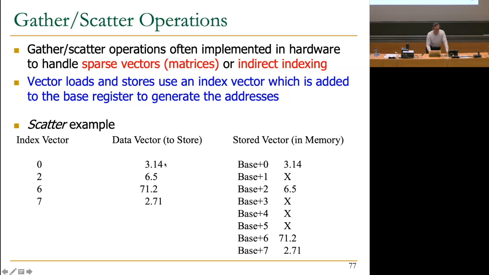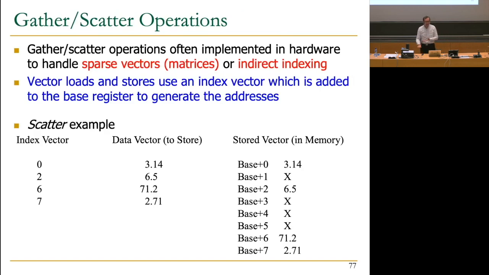You just need to do a vector store. And this vector store takes a base address and adds it to the element of the index vector, calculates the address, and stores the data over there. Basically, you're scattering the data using this vector scatter store operation. That makes sense, hopefully, right?